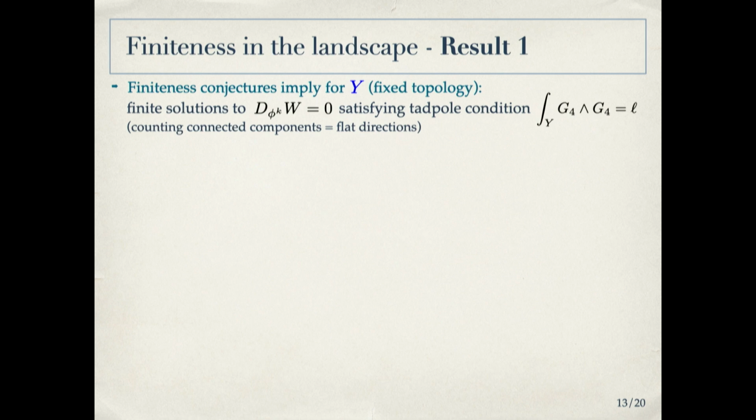Okay, now we want to study the space of all of these possible configurations, and now I come back to finiteness. In fact, these finiteness conjectures, which I mentioned before, are implying that there should be only finitely many vacua satisfying this F-term condition and the tadpole bound. This was an open problem for many, many years.